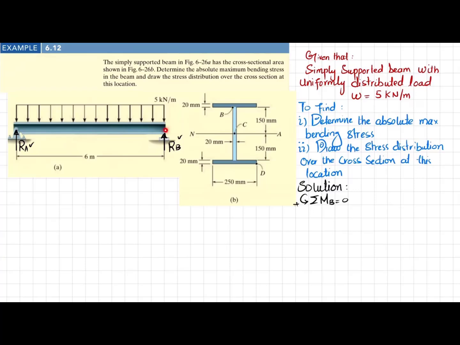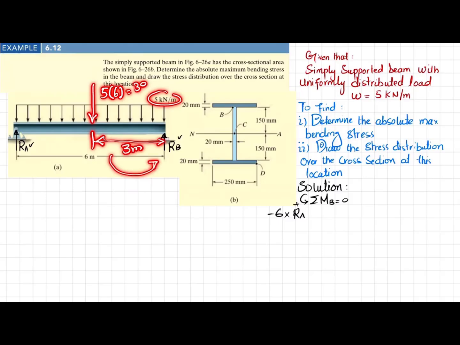About point B, one moment is due to RA times the perpendicular distance, which is 6, and it will produce a clockwise moment, so I will write minus 6 times RA. The second moment is due to the distributed load. When converted into a point load, it is 5 into the total length 6, which is 30 kilonewton, acting at half the length of the beam, which is 3 meter, and it produces a counterclockwise moment, so it will be positive.